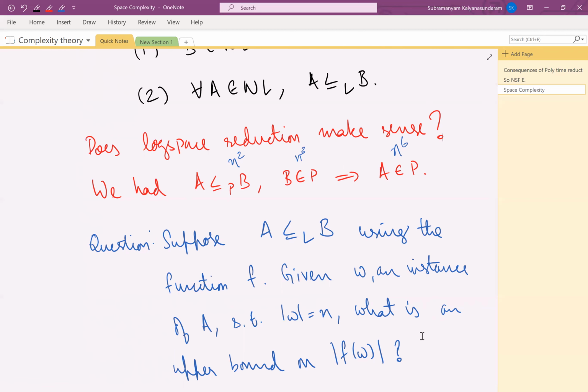But recall the output size of the log space machine is not counted towards the log space. The output size is separate. So given that you restrict the log space machine to a log n work tape, what can be the upper bound on the output tape length or output instance length? That's the question. So I want you to think about this before seeing the next recording. All right. Thank you.